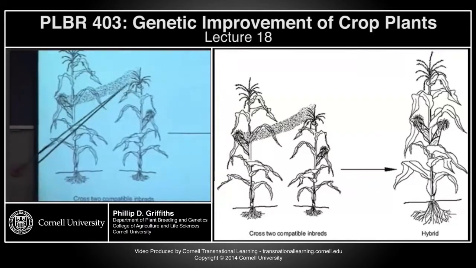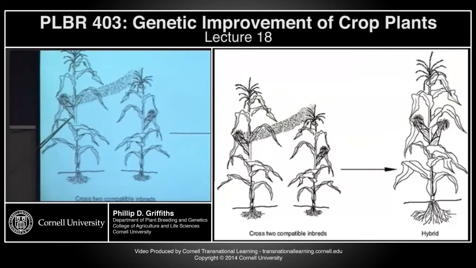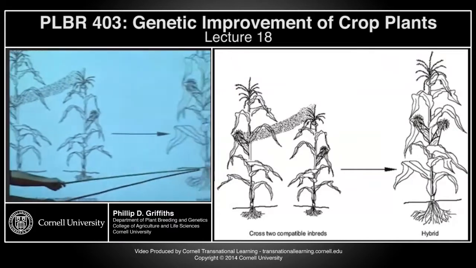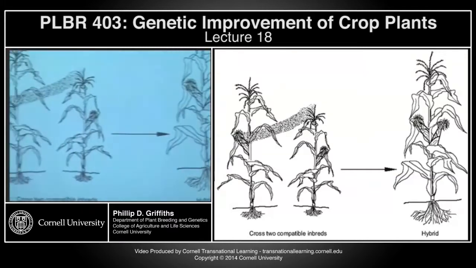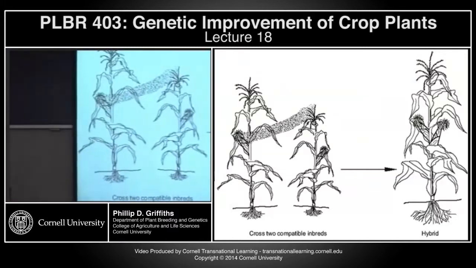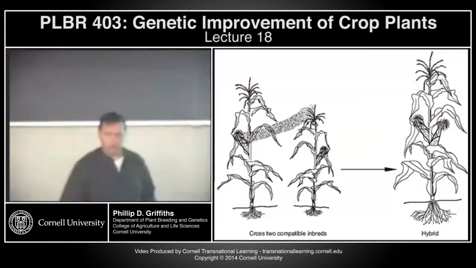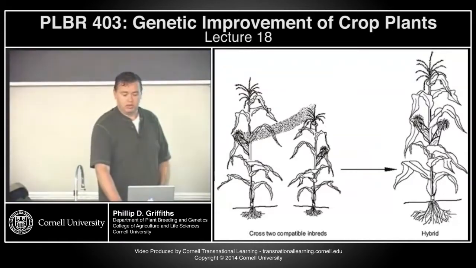And when you harvest the F1 seed from this combination as a hybrid, it's going to have much more vigor than both of the parents. And this is, of course, the benefit, especially in crops where yield is very important.